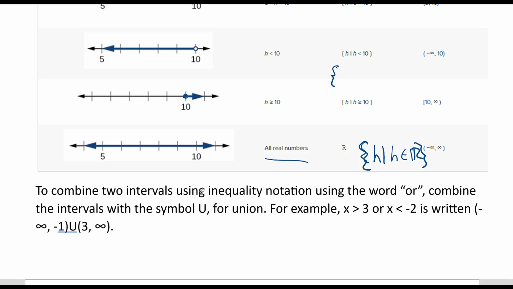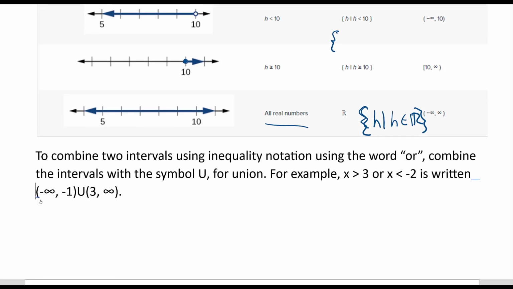So to combine two intervals using the inequality notation, using the word or, combine the intervals with the symbol U for union. For example, if x is greater than 3 or less than negative 2, we have negative infinity up to, that should be a 2, union 3 to infinity.